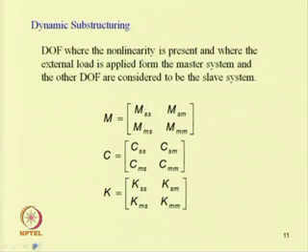Now we can use another method, which is known as dynamic substructuring, in which we can divide the mass matrix, stiffness matrix and damping matrix using slave and master degrees of freedom. We can take the degrees of freedom where the nonlinearity is present and where the external load is applied as the master degrees of freedom, and all other degrees of freedom as the slave degrees of freedom.